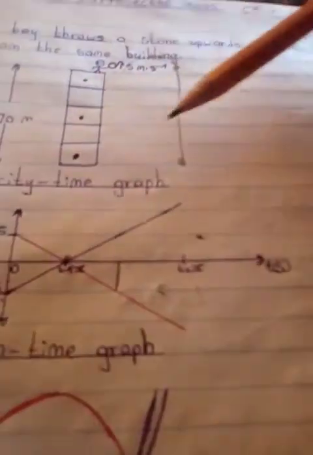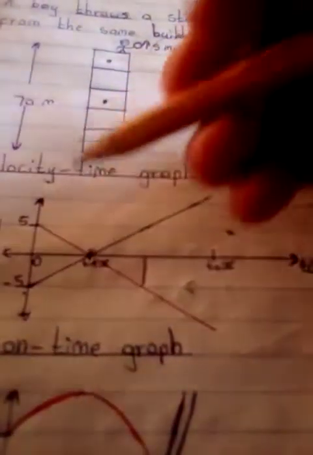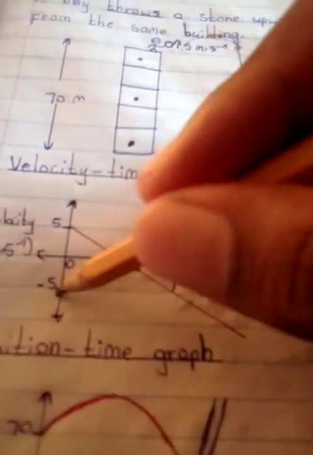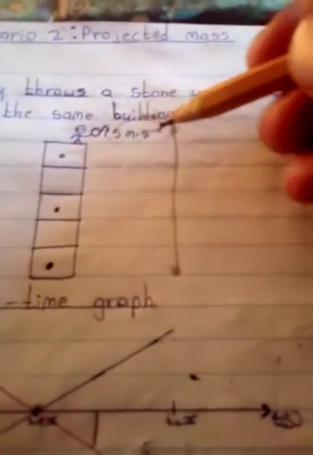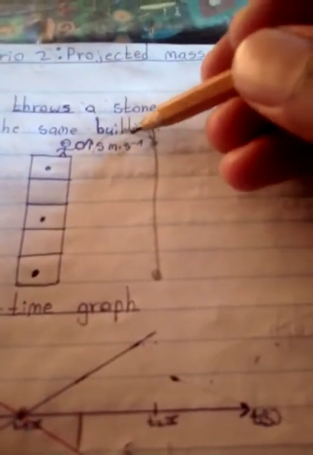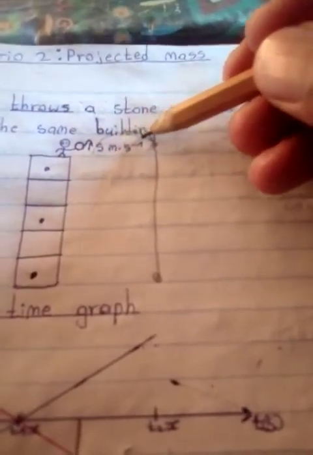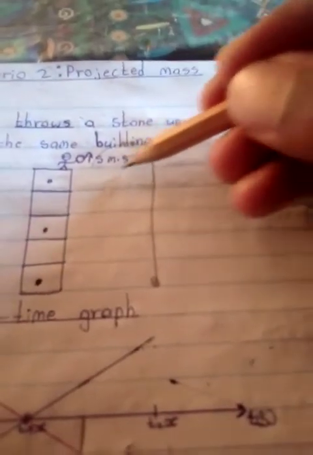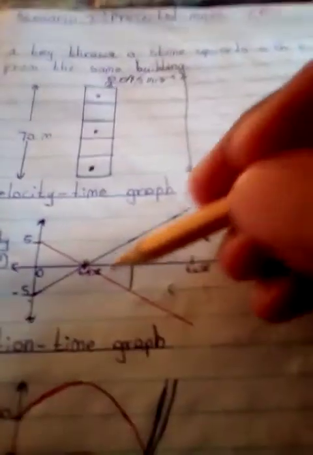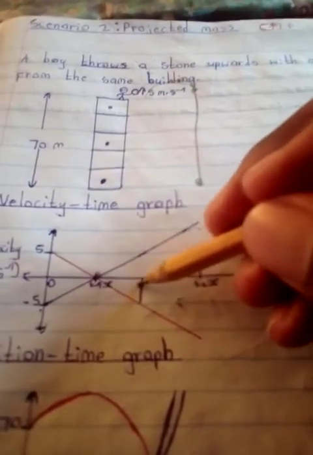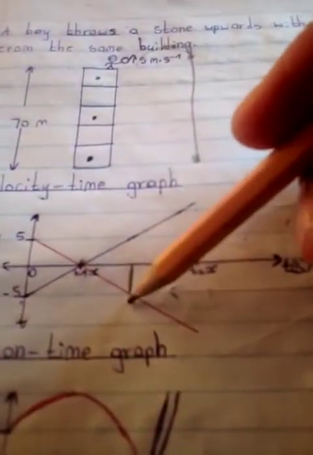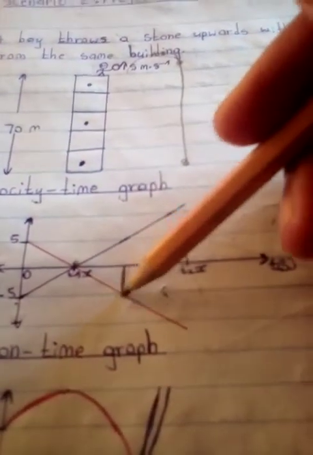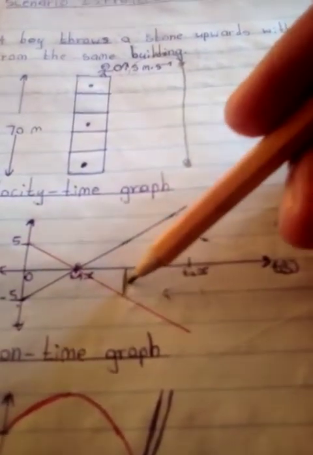I think I was explaining this right here, the -5, and your stone will start from 0 going downwards. It will start from 0, -1, -2, until it reaches -5 meters per second. This is the time it takes for the stone to return to its original position where it was thrown initially.